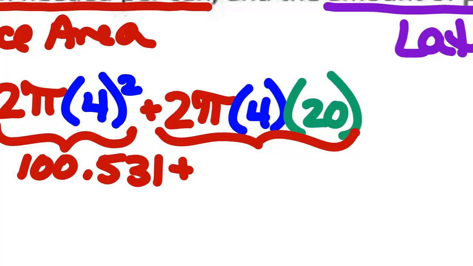2 pi times 4 times 20. Will we be able to, you know where I said like surface area at the top? Will we be able to double that if the same answer? Well, let's find out. We're checking to see if we would just be able to double it to get this answer.